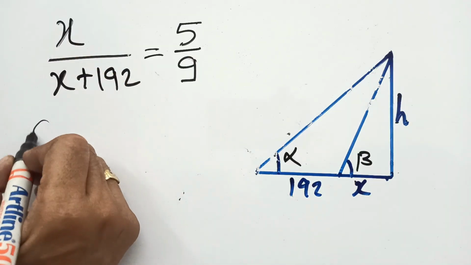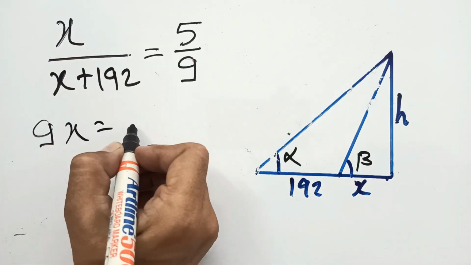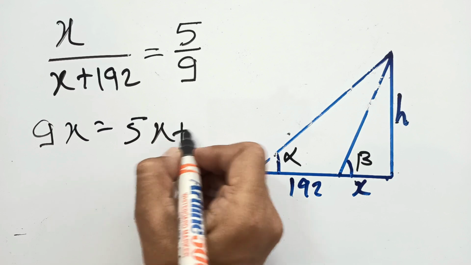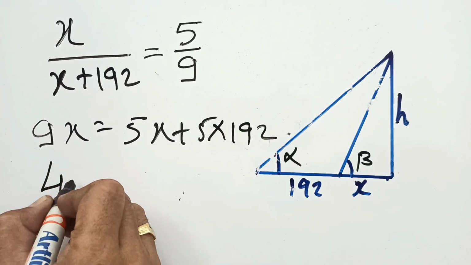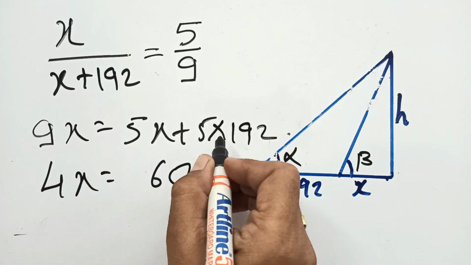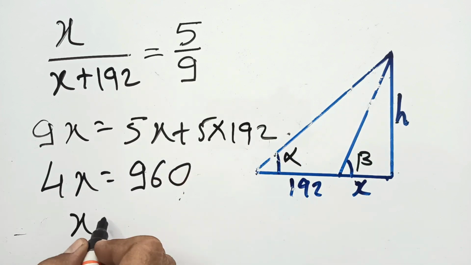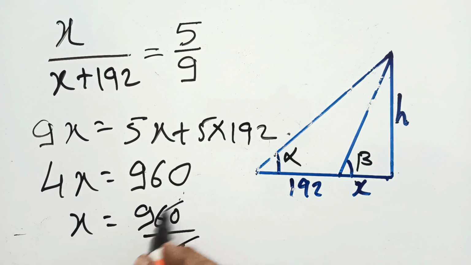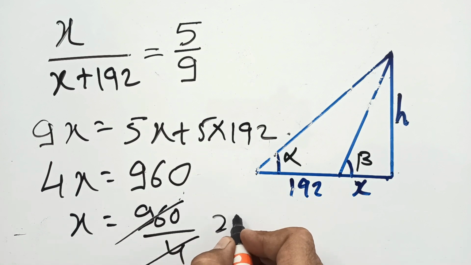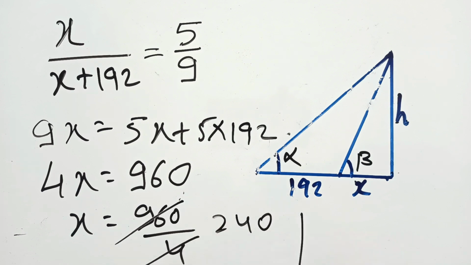Now let us divide these two equations. By cross multiplying, x is equal to 240.